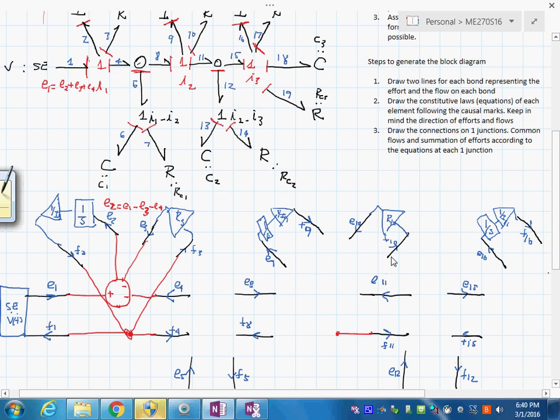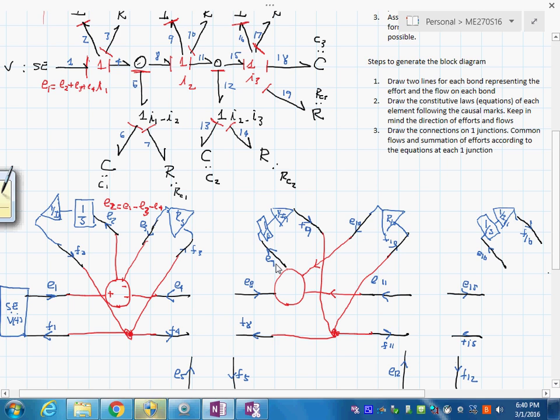And then we go to the right hand side to do, again, the same thing, common flow junction right here. All the flows are the same. They are all converged to the same point, but the efforts will add, and they will add according to the equation.